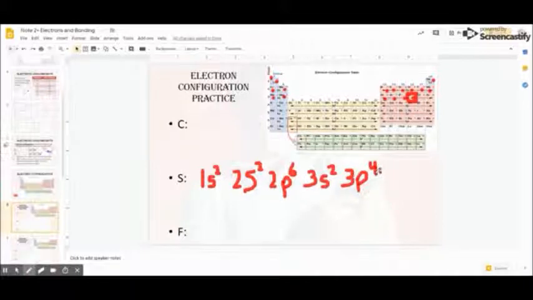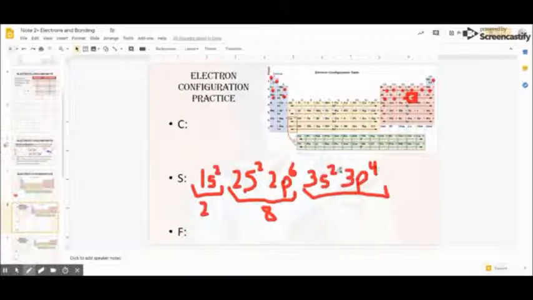So this would be the electron configuration for sulfur. In our first energy level, we have 2 electrons. In our second energy level, we have 8, so 2 and 6. And in our third energy level, we have 4 plus 2, so we have 6 electrons.